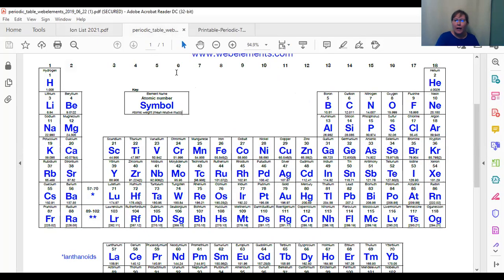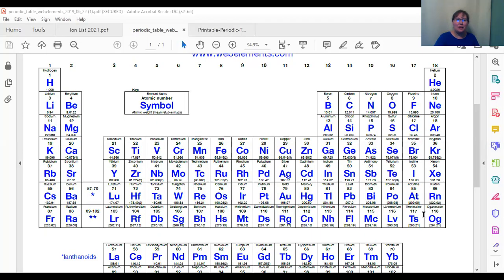Hopefully you can see this and I haven't totally messed it up and shown you the ion list. I can't see that from here. Mine is printed in black and white, but we have a periodic table. Actually, I'm going to make sure that I really do share screen. There we go. Okay, just in case. I didn't want to have the wrong thing up.